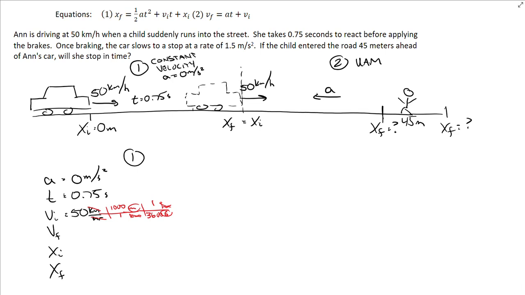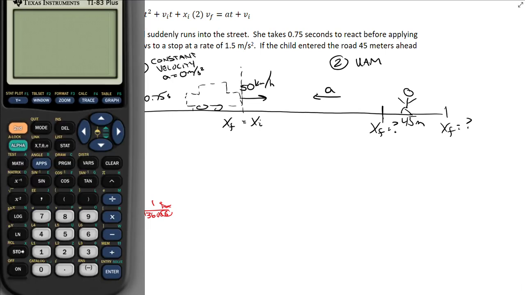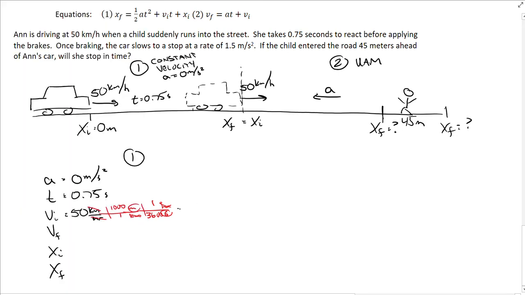So we can take 50 times 1,000 divided by 3,600, and now we're in meters per second: 13.89 meters per second. This car later, if it's not accelerating, will also be at 13.89 meters per second.